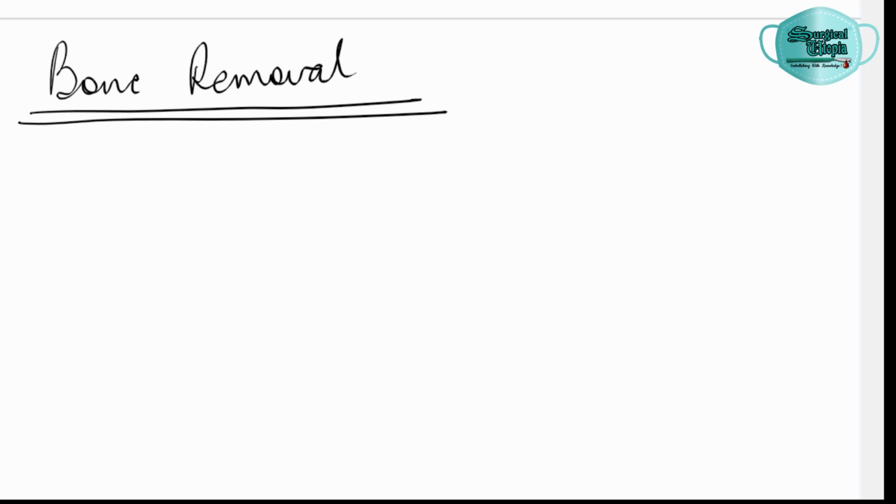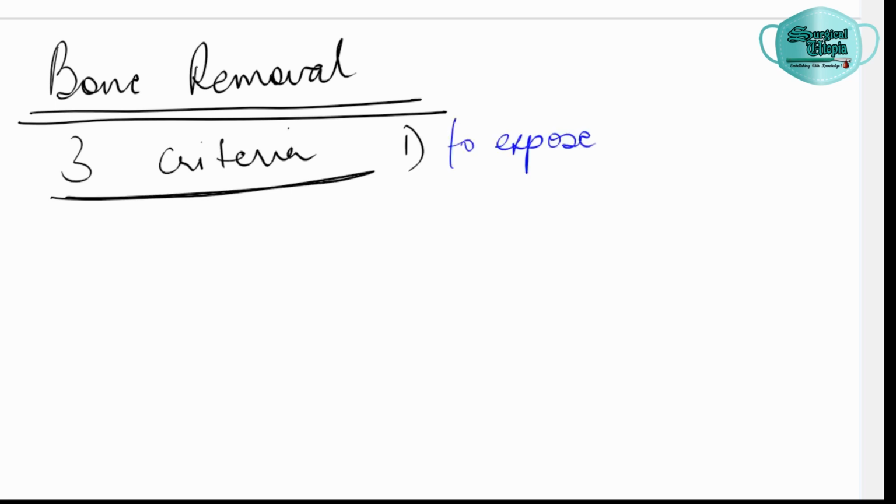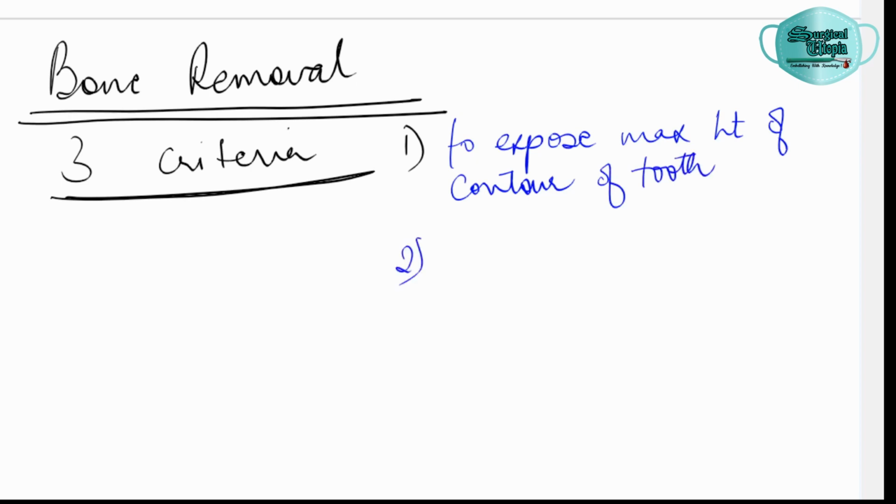We have to take into consideration the three criteria for removal of the bone, where all the bone removal is necessary. First one is to expose the maximum height of contour of the tooth. The second reason is that the bone obstructing the removal of the tooth, or the bone obstructing the path of removal of the tooth, should be removed.